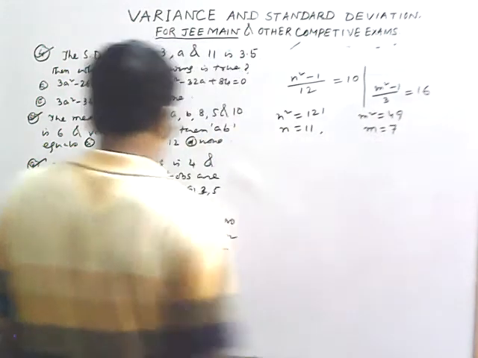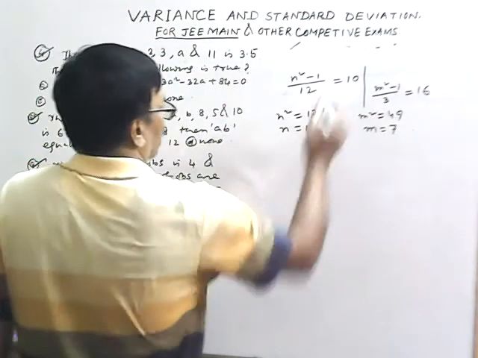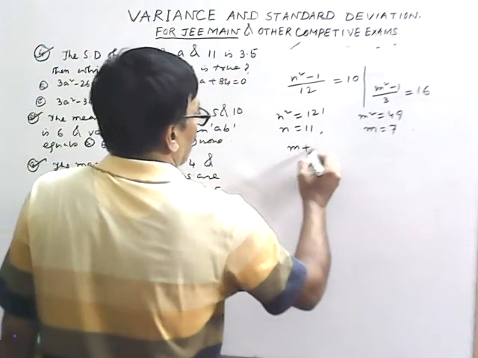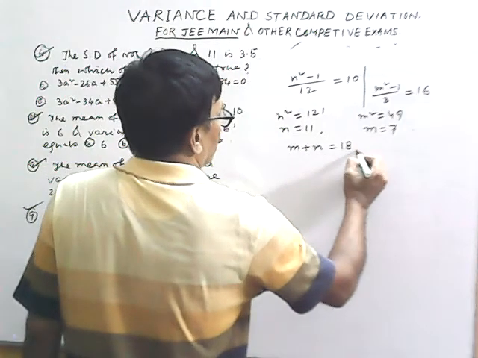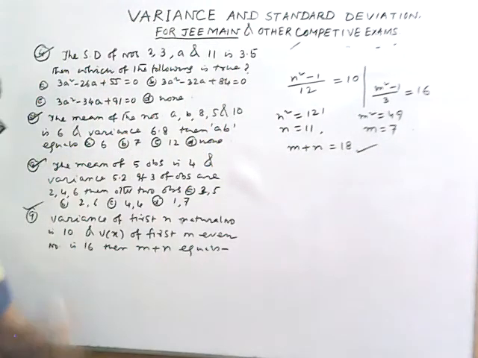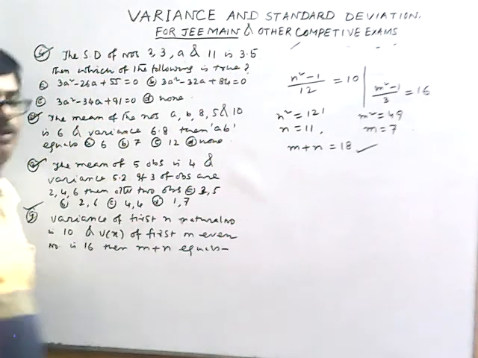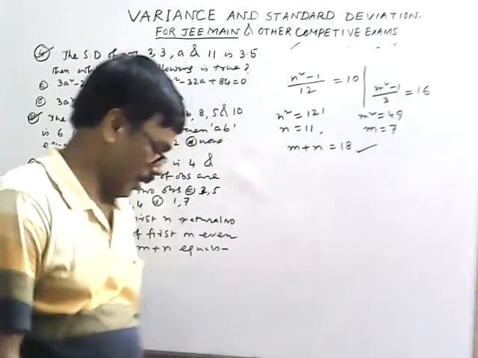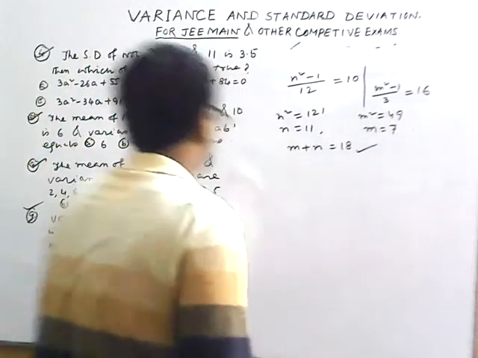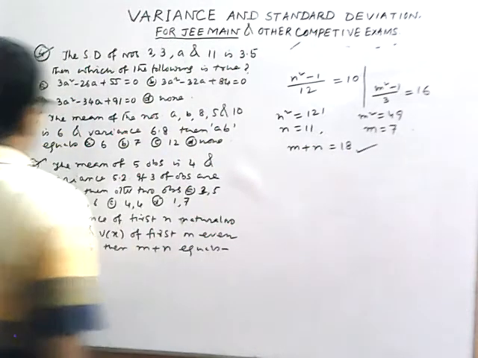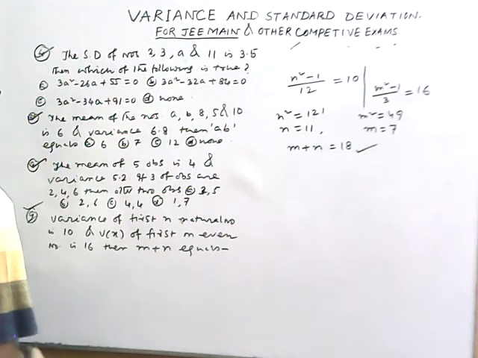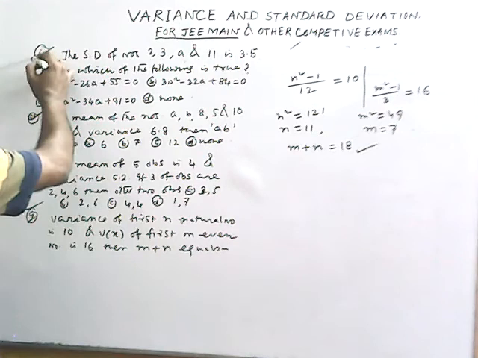Only positive values, since they are natural numbers. So what is m plus n? m plus n is 18. It will take, look, 1 minute only. Now, problem number 4.